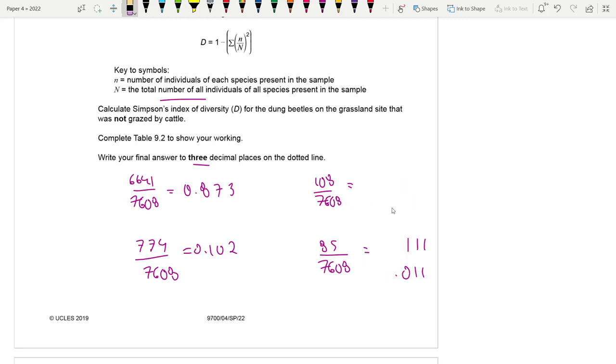Wait, we shouldn't do it this way. My bad. Just round it off directly. So I'm getting 0.01117, so it's just going to be 0.011. What about that one? 108 by 7608. That's going to be 0.014. Okay, so that's it.